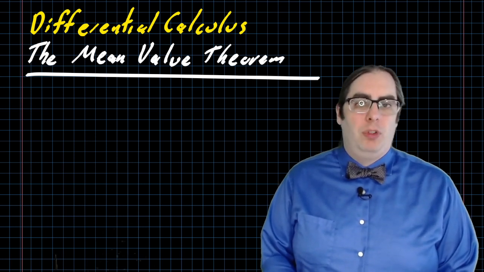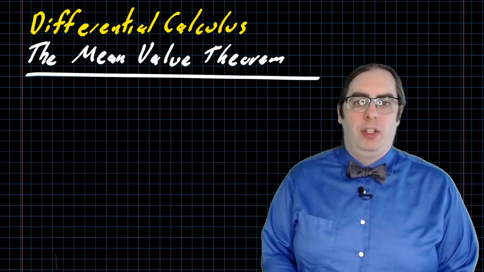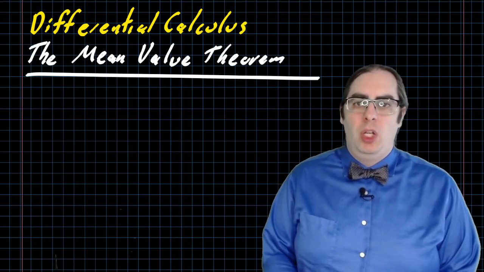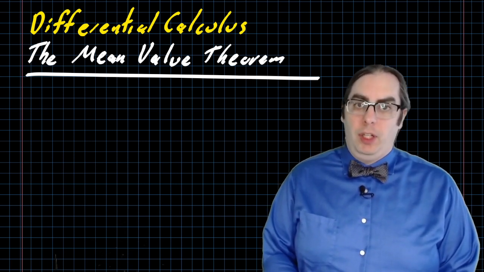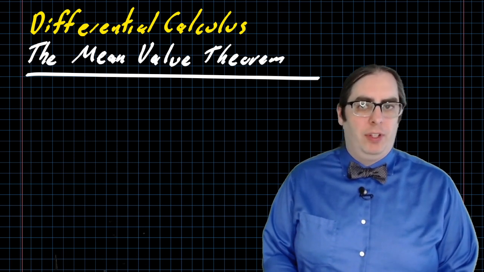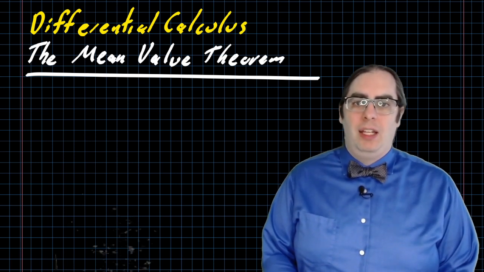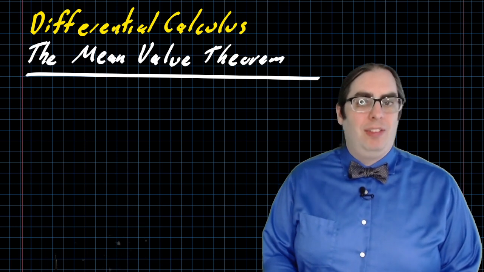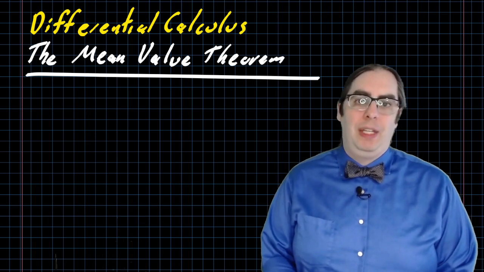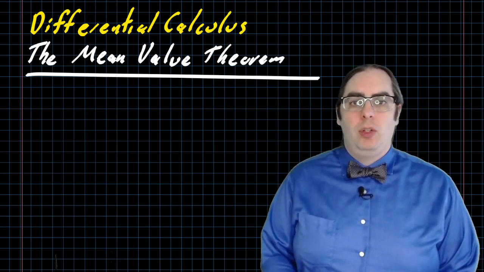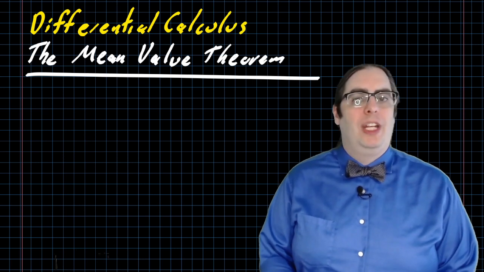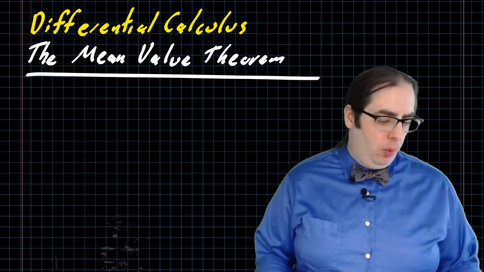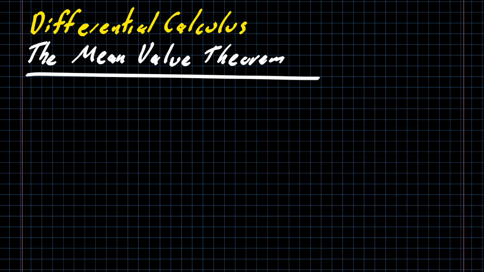These three theorems, as you've already seen with the intermediate value theorem and the extreme value theorem, always have very convoluted statements of their definitions, and they are all existence theorems. They tell us that something is going to happen, but they don't give us any tools on how to get to that thing happening.